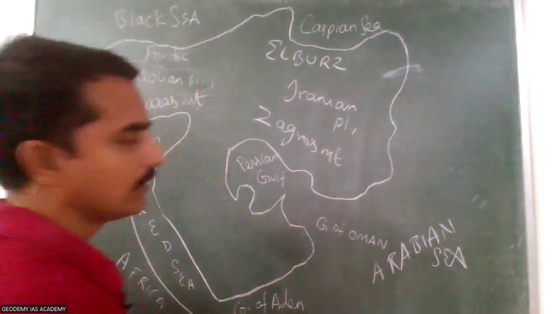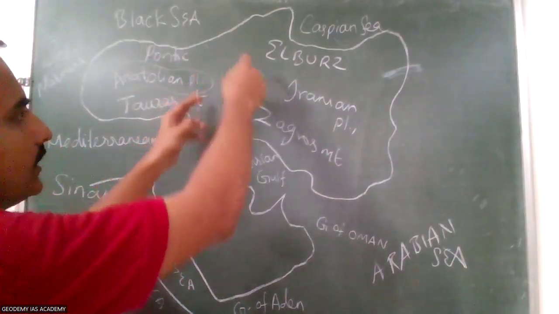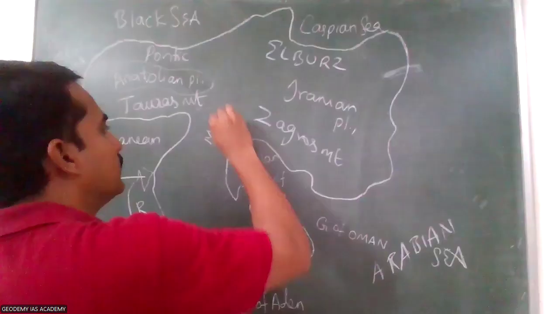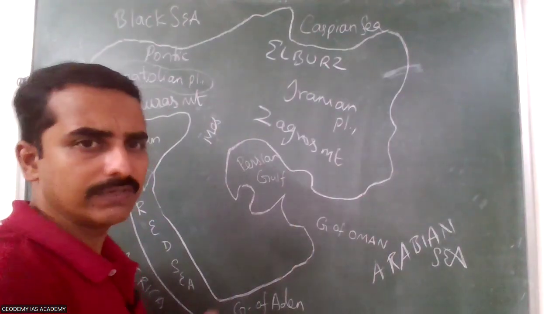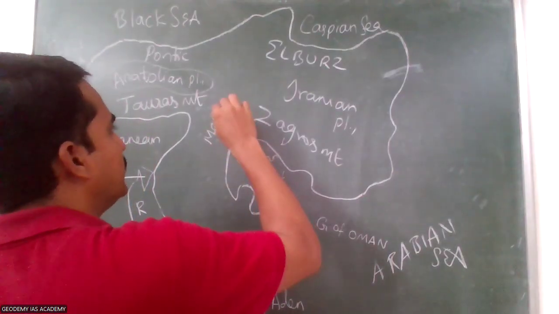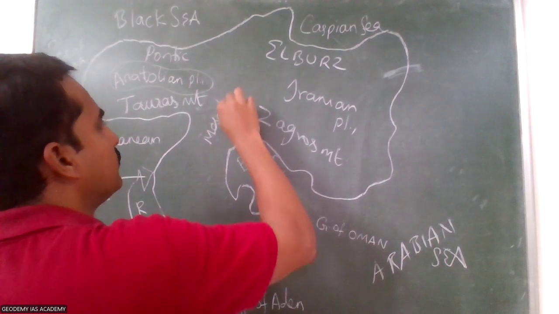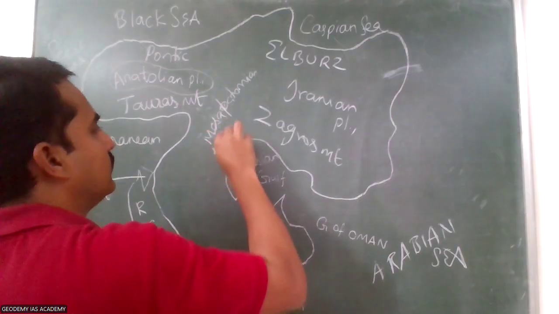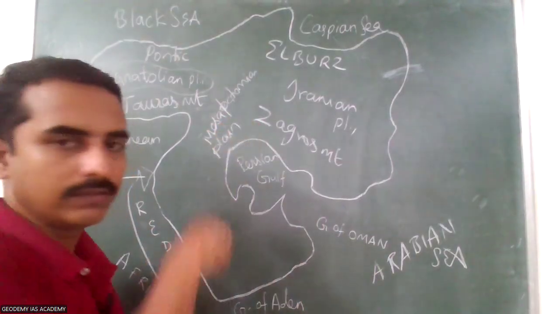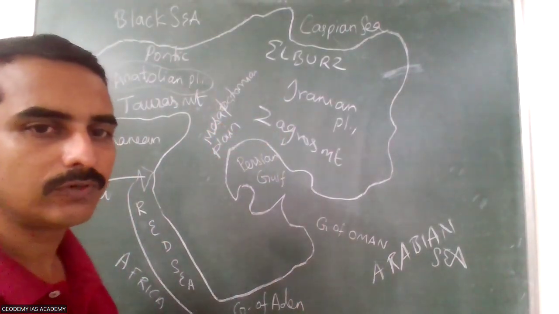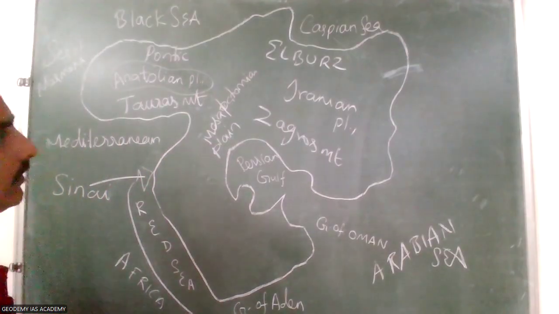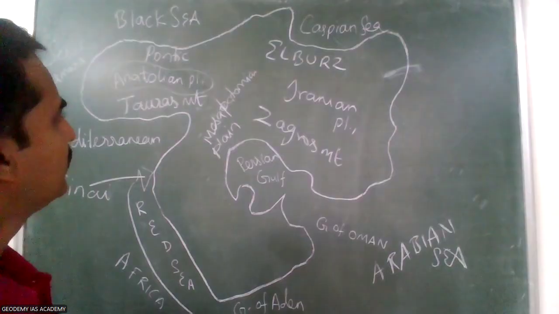And here the country Iraq is located, and here it is the plain of one of the oldest civilizations, Mesopotamia, you know. So here it is the Mesopotamian plain, southern Iraq, and here it is Arab desert region.